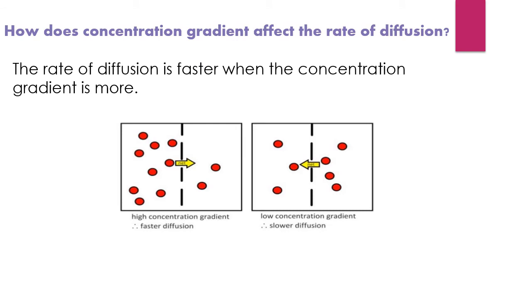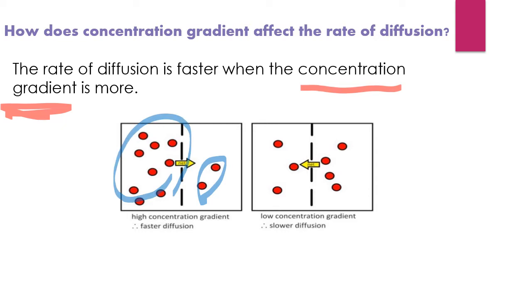The rate of diffusion is faster when the concentration gradient is more. What is the meaning of concentration gradient? As we said, it is the difference in concentration. See here we have only two particles, and in the next area we have maybe nine particles.